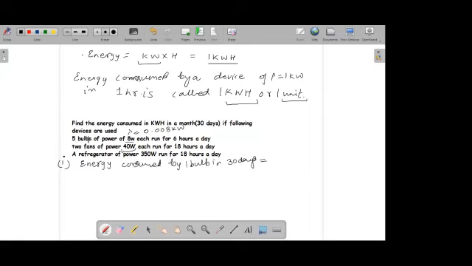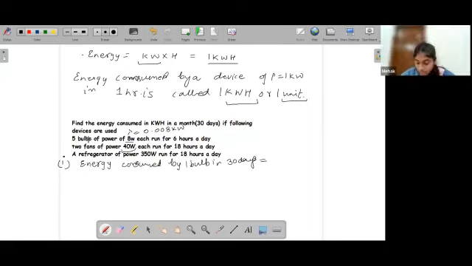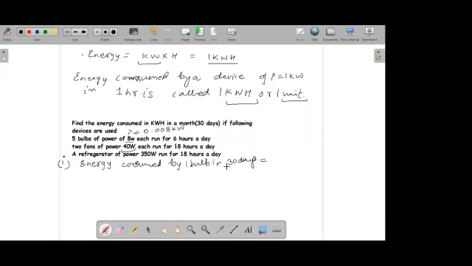Once you understand the basic thing, then you can shorten your calculation. You can adopt various methods. But once you understand what we are doing over here. Okay, sir. See, energy consumed by one bulb. So for this, we must use the power, which we have converted into kilowatt, which is 0.008, multiplied by the time.